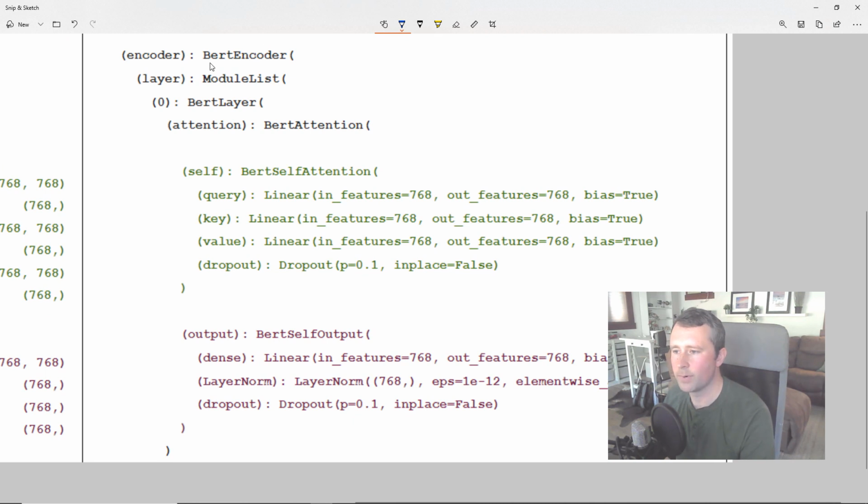All right, so it's a BERT encoder, and a BERT encoder consists of a BERT attention layer. This has 2 components to it: a BERT self-attention and a BERT self-output. So here we've got the query, key, and value. And then for the self-output, it's just a dense neural network with layer normalization again.